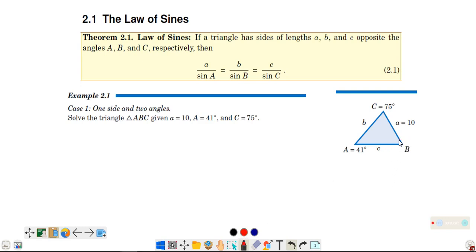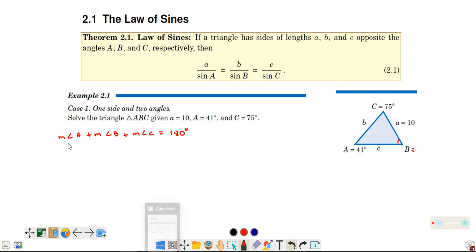So, this angle B is equal to, so the measurement of angle A plus the measurement of angle B plus the measurement of angle C is expected to give you the value 180, right?